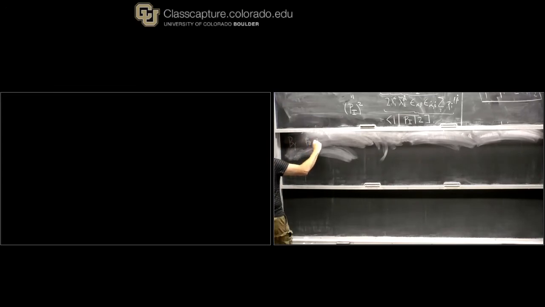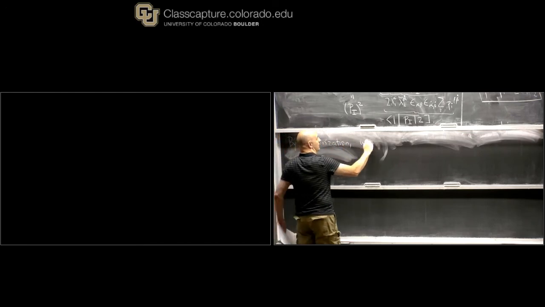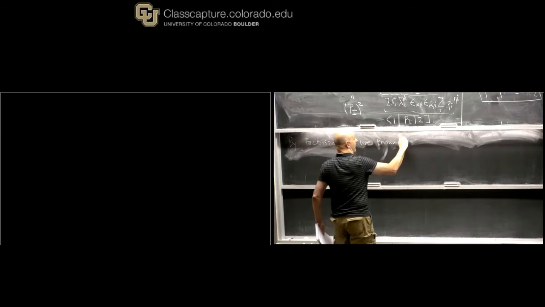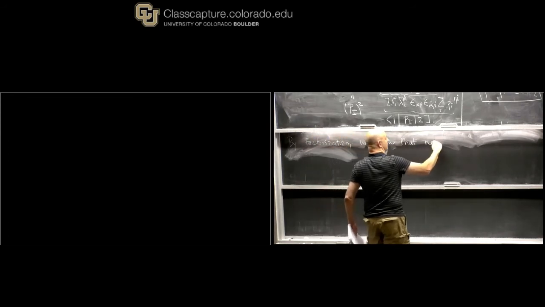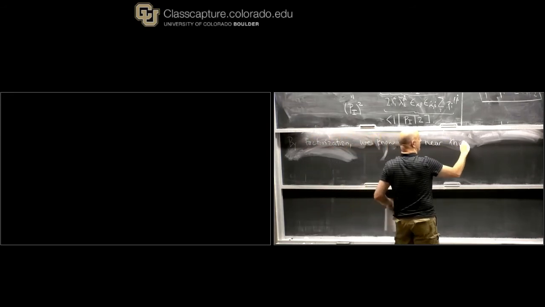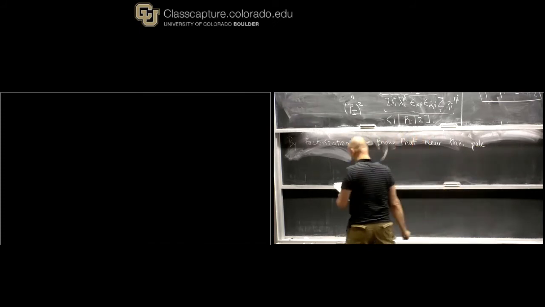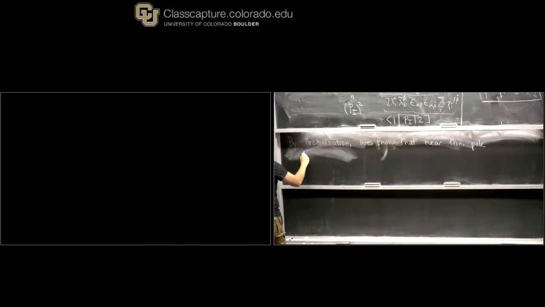By factorization, we know that near this pole, the thing we're supposed to look at is this. This is the quantity whose residue we're supposed to calculate.